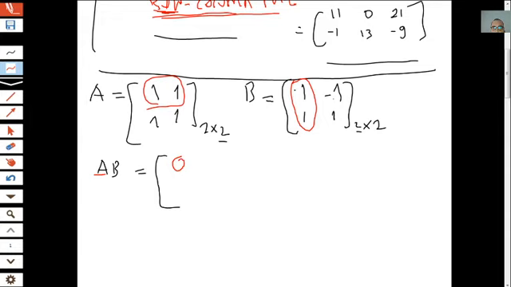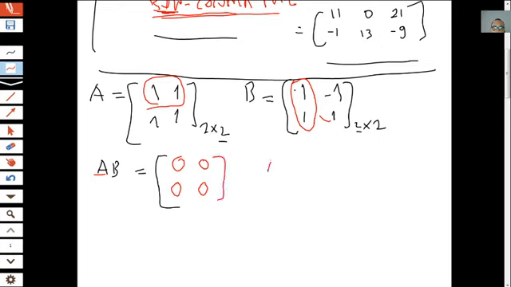Similarly, by taking the second column for the second entry, we have the same result, 0. 1 times minus 1 is minus 1, 1 times 1 is 1, plus 1 becomes 0. Similarly, minus 1 plus 1, 0 for the next entry, and we have 0 for the last one.